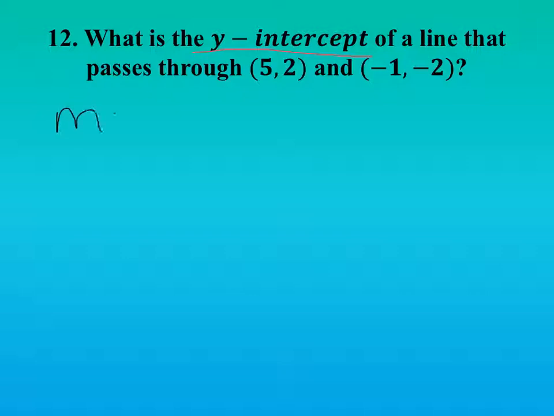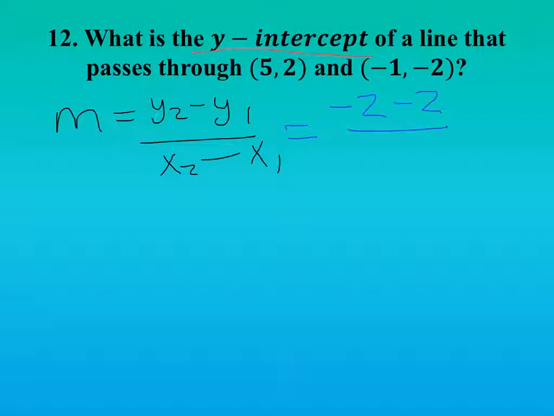So m equals y2 minus y1 over x2 minus x1. So now I just plug in my points. y2 minus y1 is going to be negative 2 minus 2 over negative 1 minus 5. And now I just subtract to get negative 4 over negative 6.